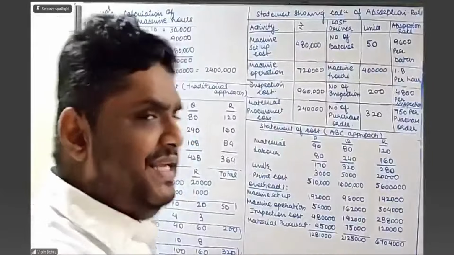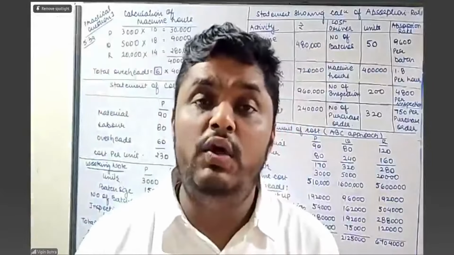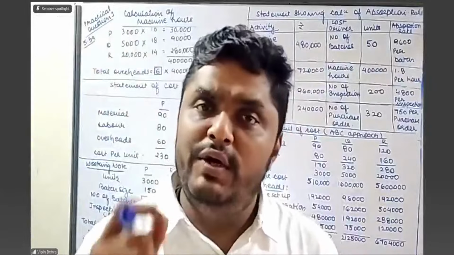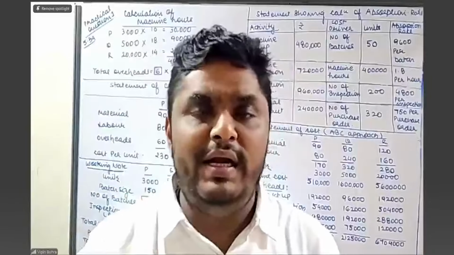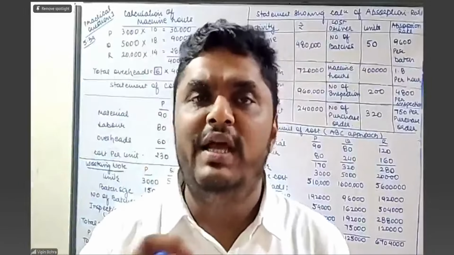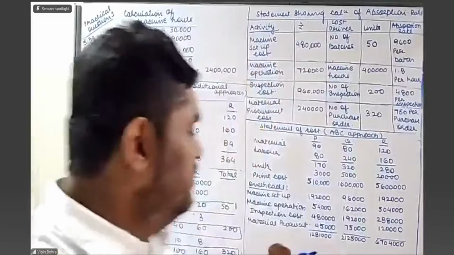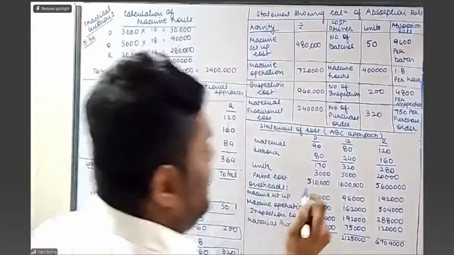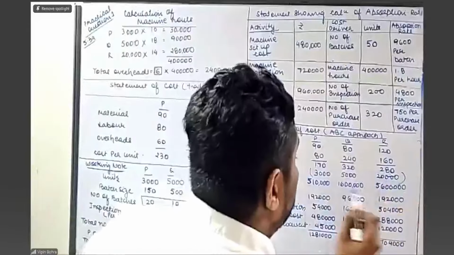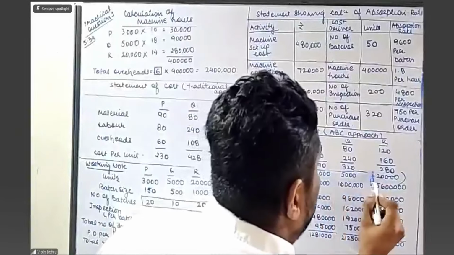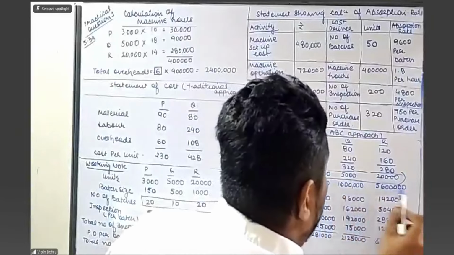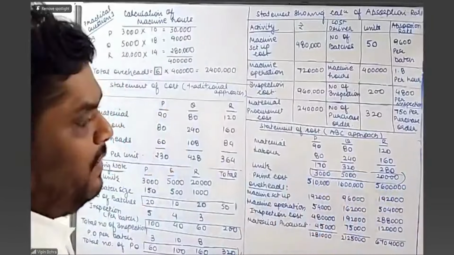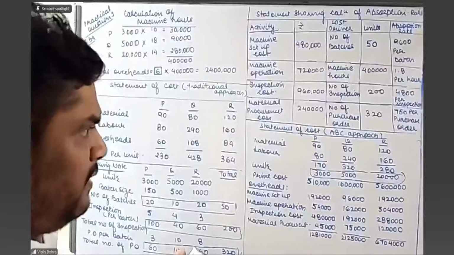Now, since the question is asking us to calculate the unit cost, what we will do is take the total cost we have calculated and divide it by the number of units, and we will get the cost per unit.